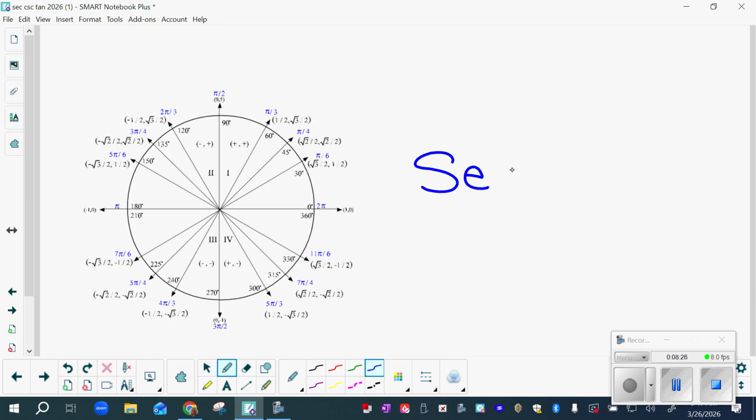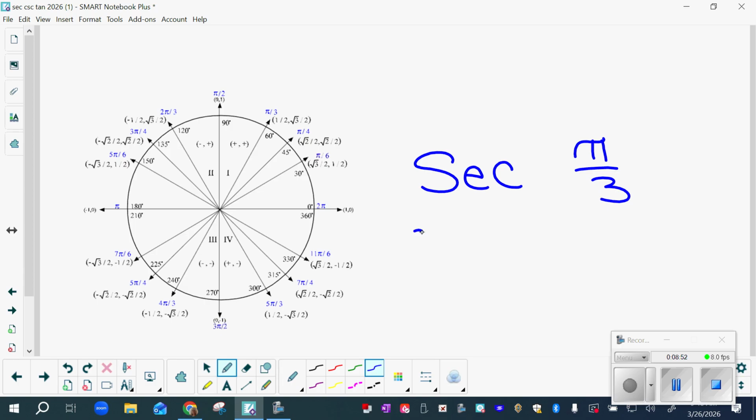Nice, easy one. We're doing secant, and we're going to start with a nice, easy one. Let's do secant of pi over 3. So secant does not have a C in it, so his partner does have a C in it. So it's cosine.